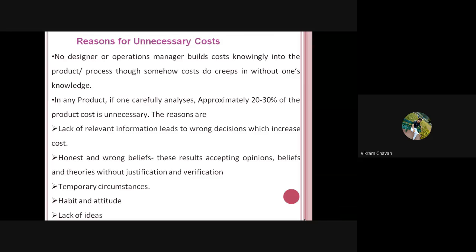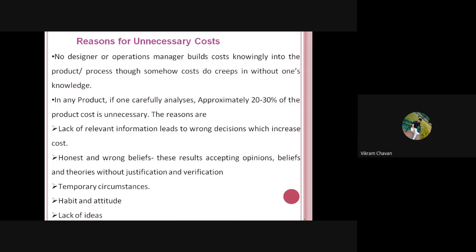Then the next important point is why a product has unnecessary cost. If everything is fine, even then some products have unnecessary cost. But keep in mind, no designer wants to introduce unwanted cost in the product.